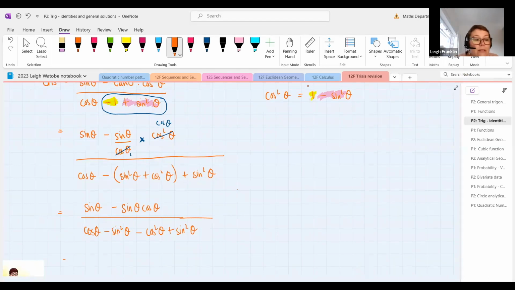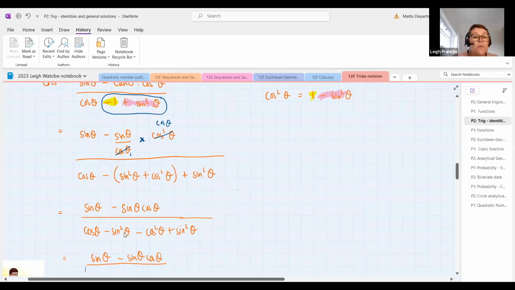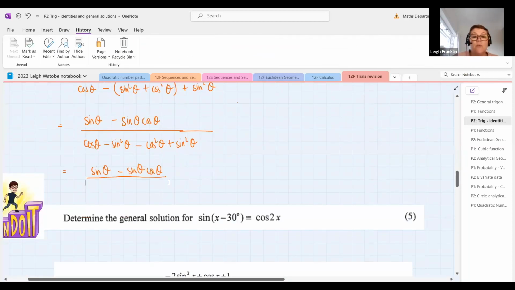Okay, so bringing down my numerator now, I've got sine theta minus sine theta cos theta. And at the bottom, the minus sine squared theta and the plus sine squared theta are going to add up to 0.